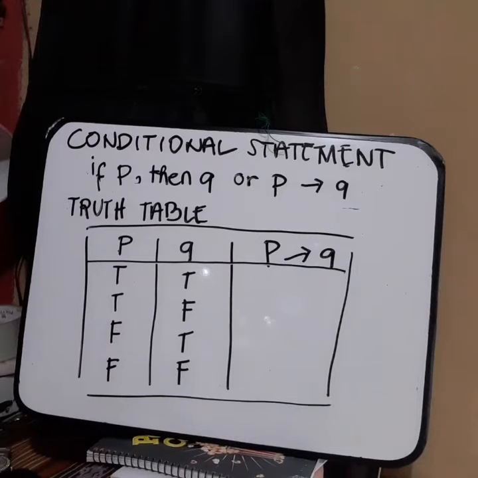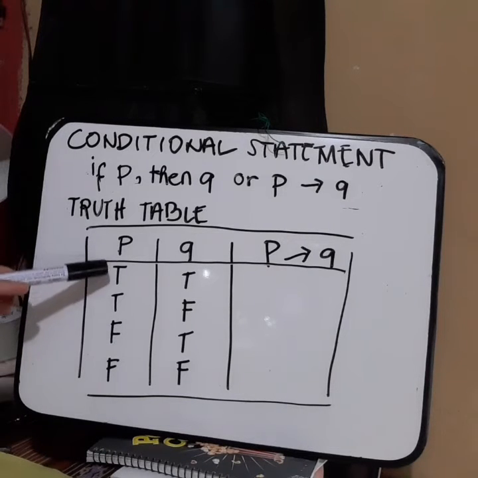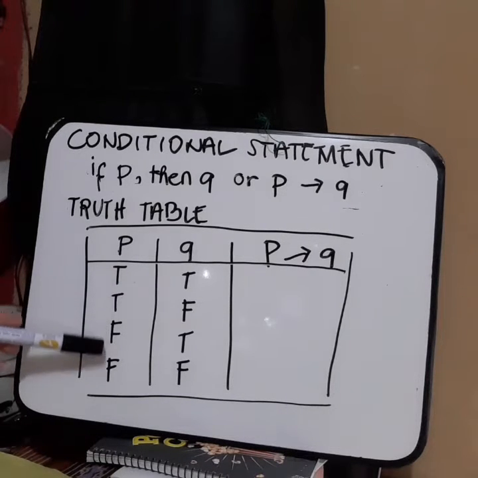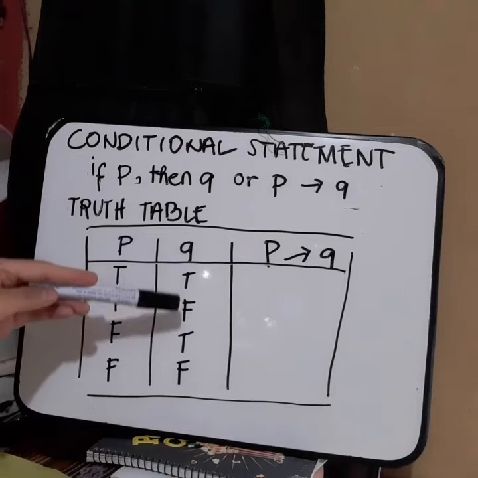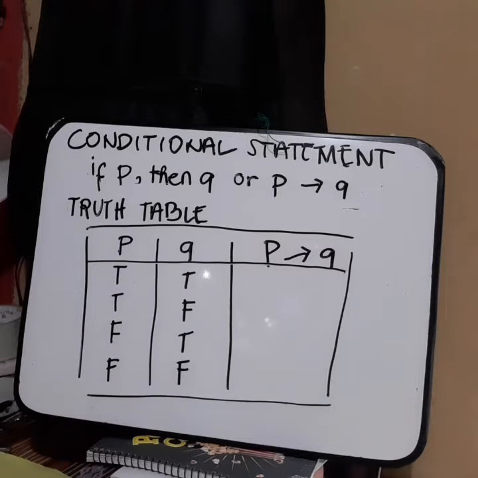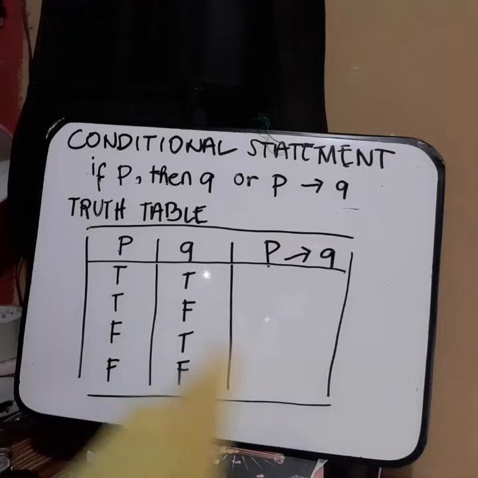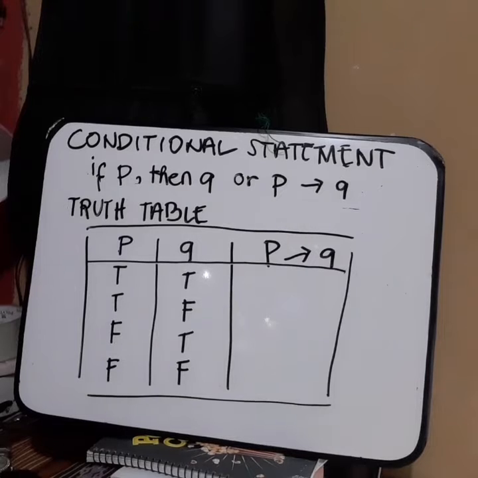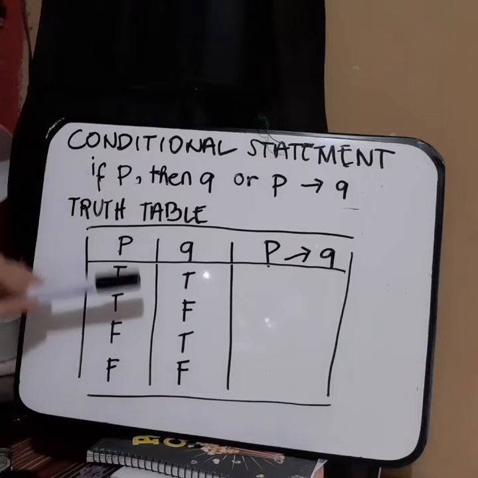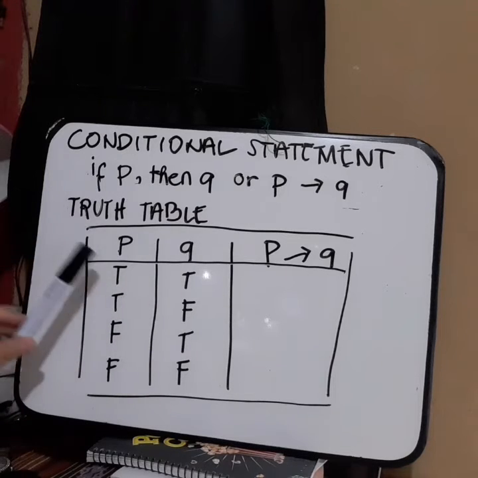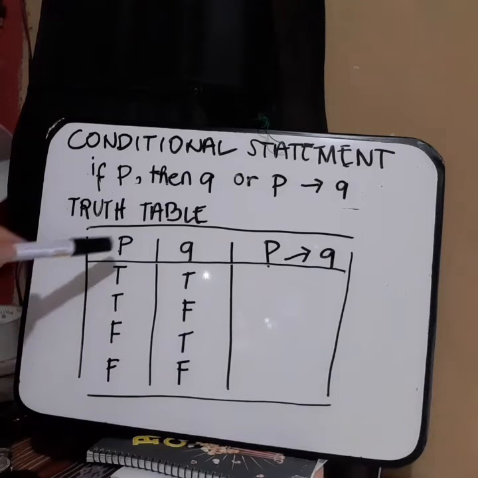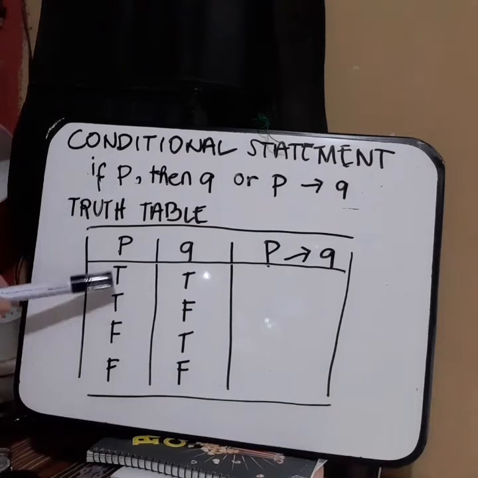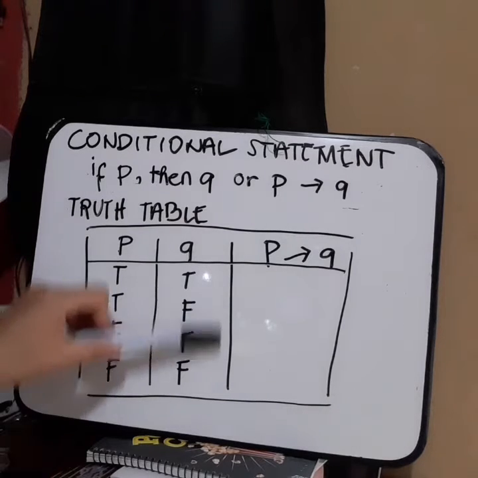Here in P we have true, true, false, false, and in Q, true, false, true, false. You might ask, where did you get that true, true, false, false, or true, false, true, false? This is already given. The form is always like this. It is not changeable.